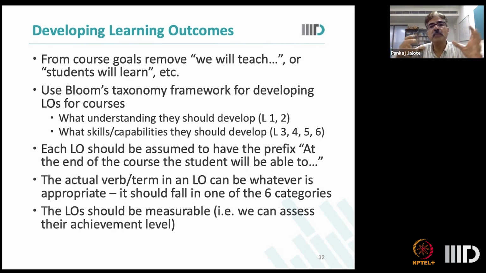And you ought to be able to, not just assess and give a grade to the student, but say that this learning was really deep and proper, or this learning was very shallow. So for each learning outcome, you ought to be able to assess and also grade, measure whether the learning is better or good or not so good. So these are some of the things that you can do to design learning outcomes.